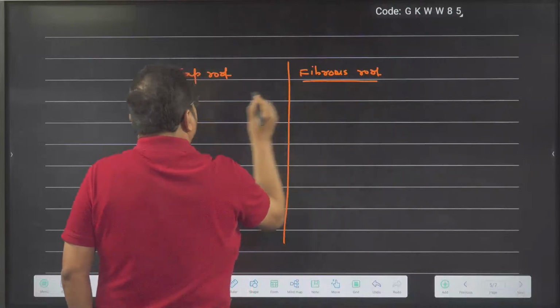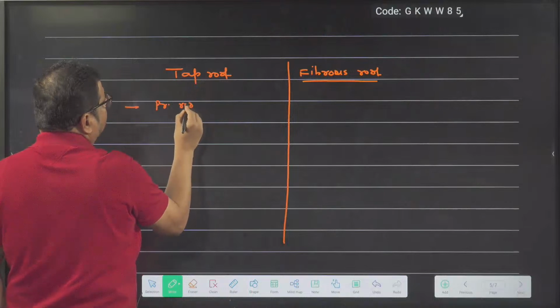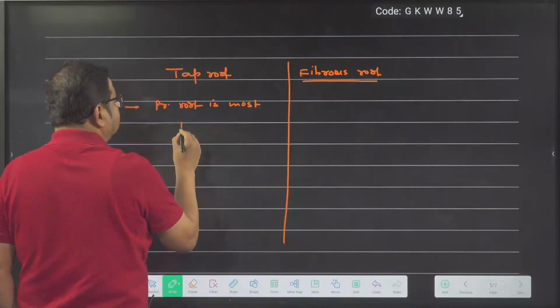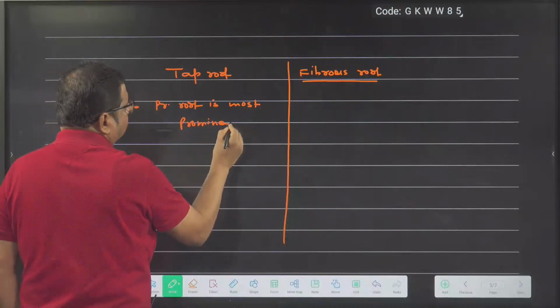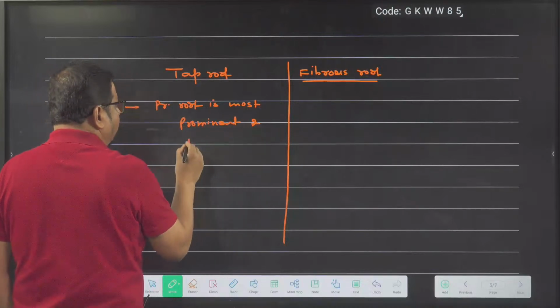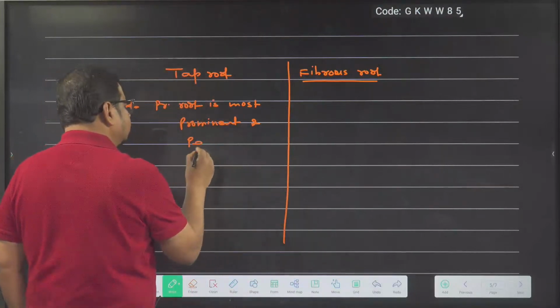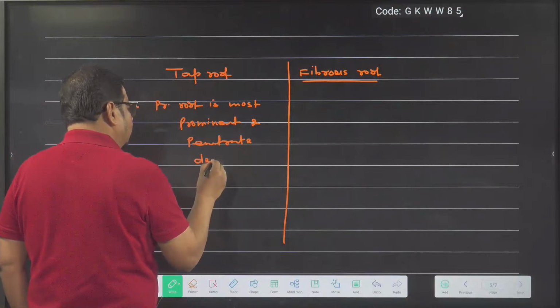If you talk about tap root, the primary root is most prominent and penetrates deeper in the soil.